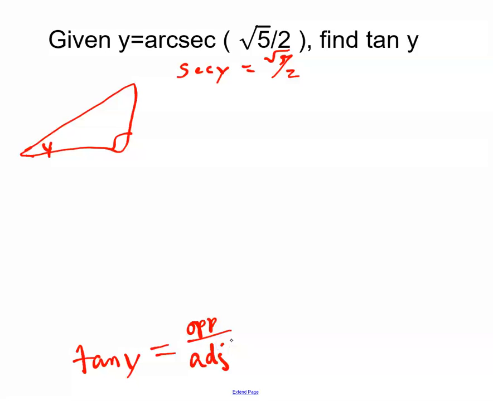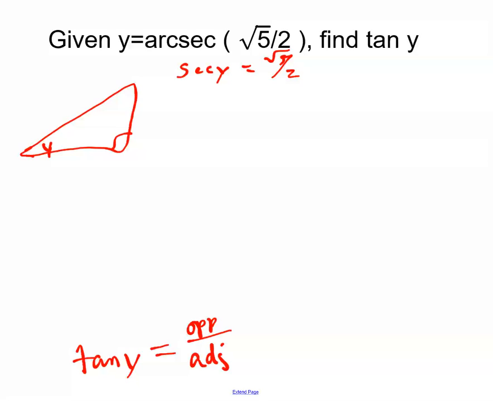So I need to figure out the opposite side and divide it by the adjacent side of this triangle up here. That's how I'm going to find the tangent of that angle.